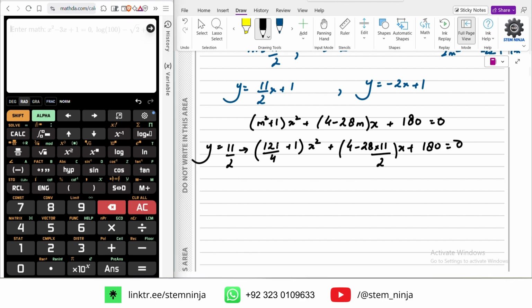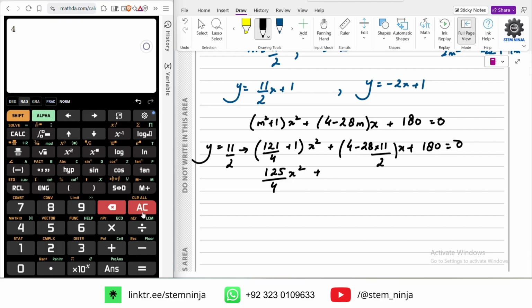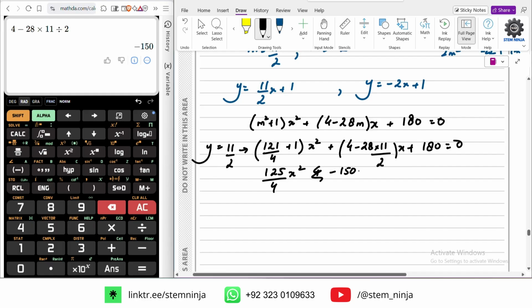So you have 4 over 4, so that is 125 over 4 x squared plus 4 minus 28 times by 11 divided by 2, that is minus 150, just simply, plus 180 equal to 0.